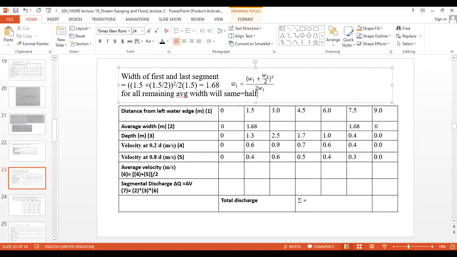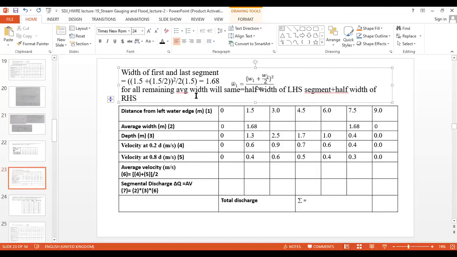Just a minute. Half width of LHS segment plus half width of RHS segment.